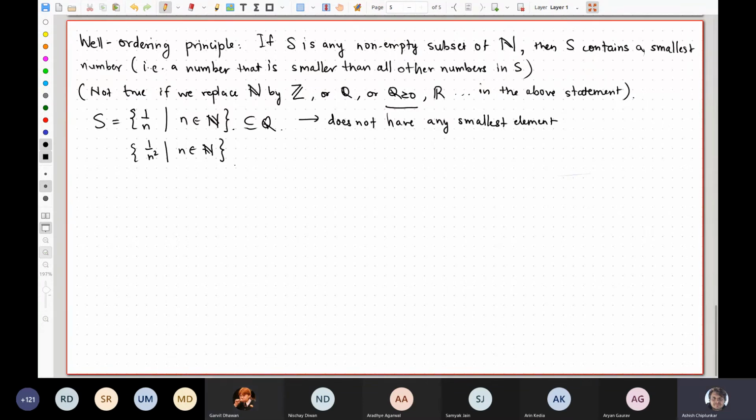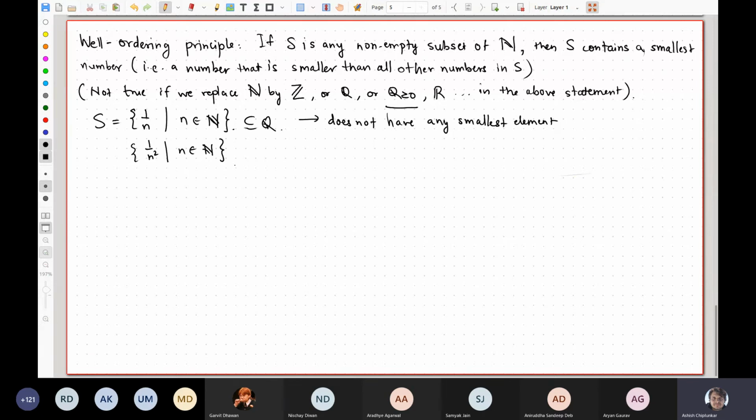Aniruddha? Won't this depend on how you define smallest number? Because any countable set, if you take the rationals and say that 0 is the smallest rational, and then make a one-to-one mapping from the rationals to the naturals and define an order on that. So you're changing the order. You're going into more abstract orders.